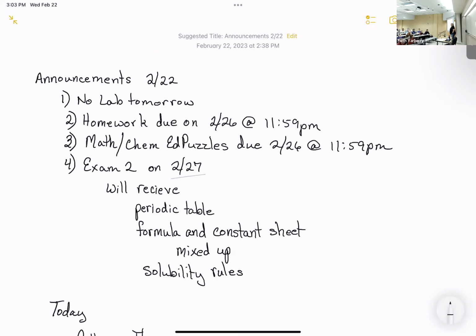But the formula for molality will be on there. The formula for mole fraction will be on there. The formula for the change in temperature for boiling point will be on there. It will all be there somewhere. But you've got to know what to do. Questions?